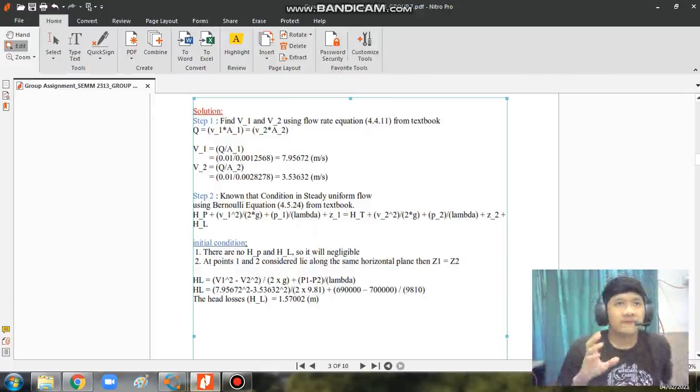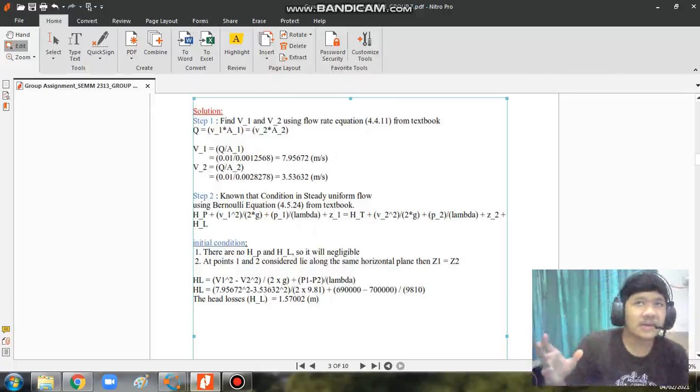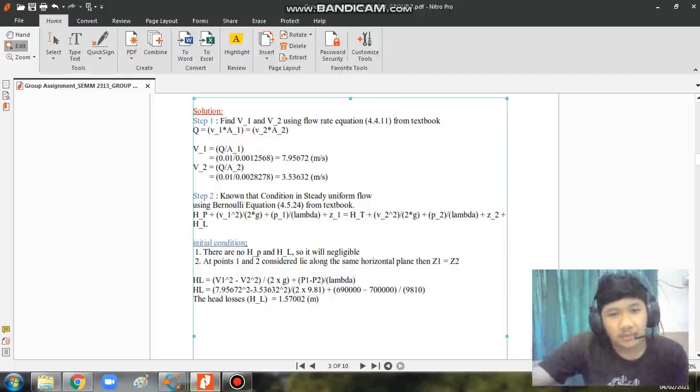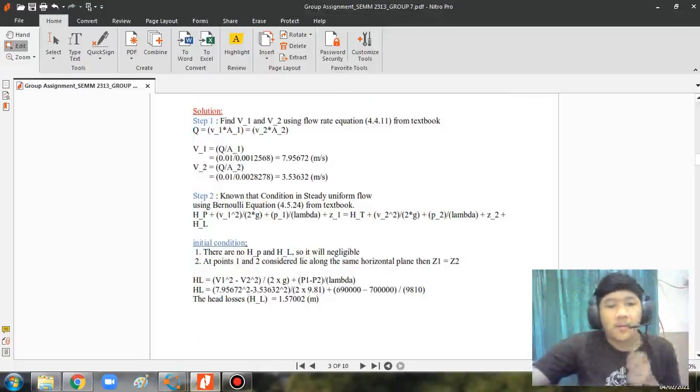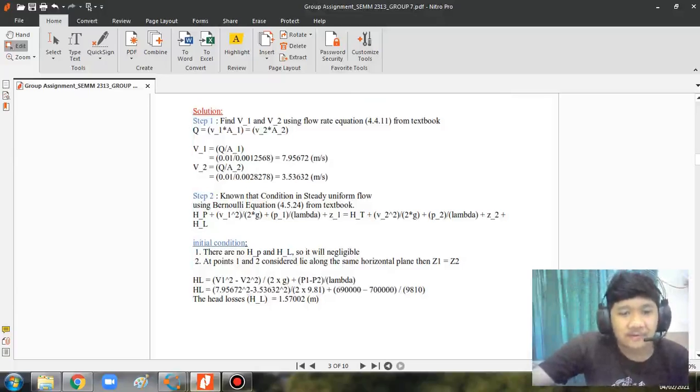If it is unsteady, I think we can also use this equation, but a lot is neglected in the internal condition. This is the equation, HP plus V1, okay, so sorry. So we can continue.